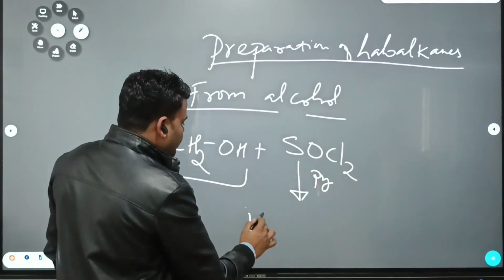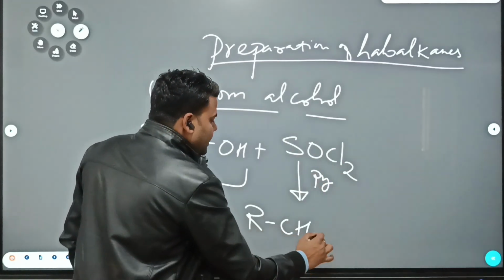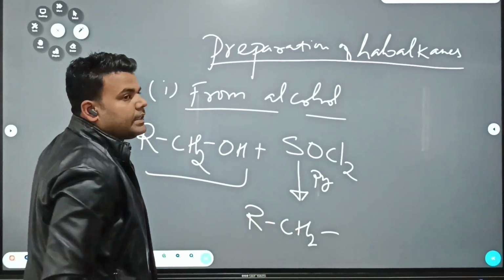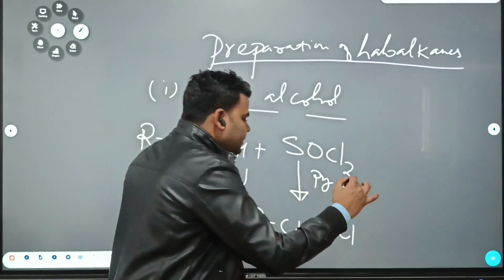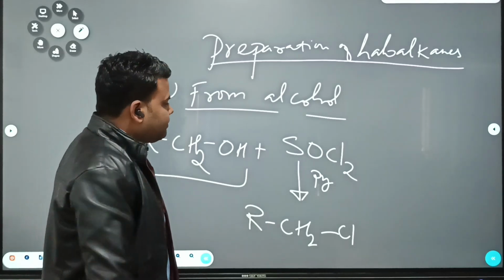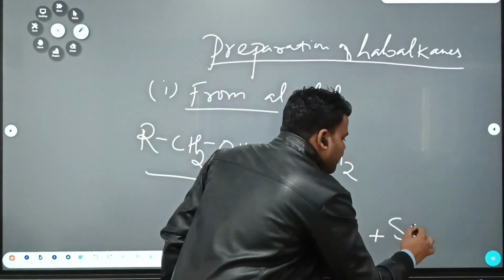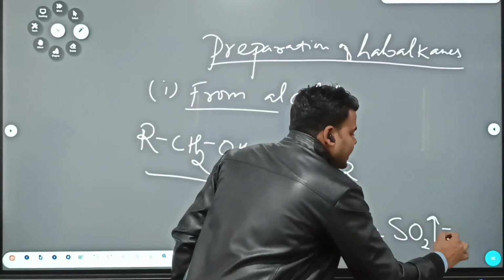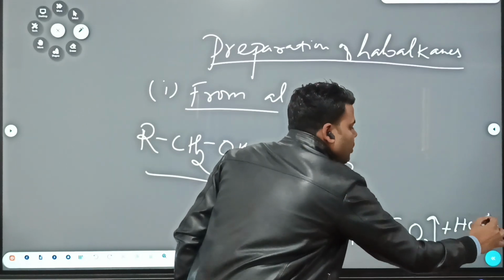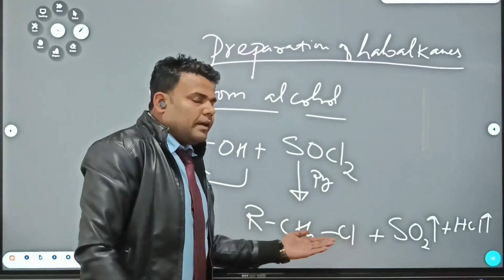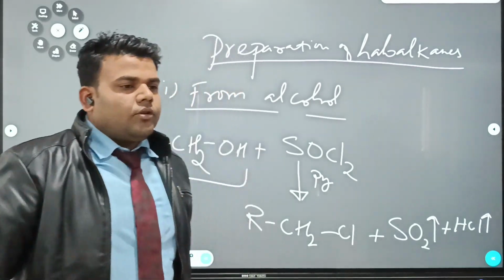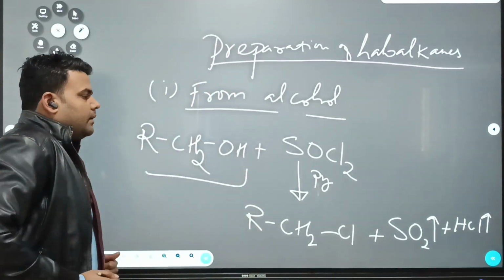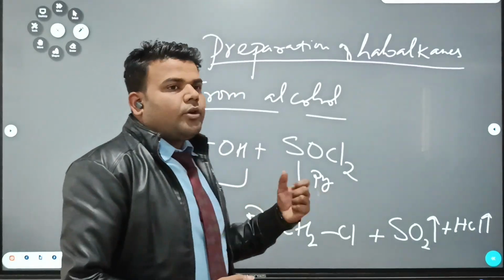The carbon part will remain as it is, and the OH group gets replaced by chlorine. The byproducts are sulfur dioxide, which is a gas, and HCl, which is a gas. What is left is the pure haloalkane. That's why this method is considered the best method, because it produces pure haloalkanes.